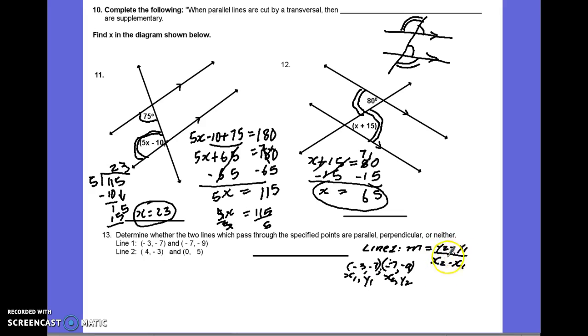Now I can apply the formula. y2 minus y1 would be -9 minus -7. Downstairs, or in the denominator, x2 minus x1 in terms of numbers would be -7 minus -3. This I'd like you to do without a calculator.